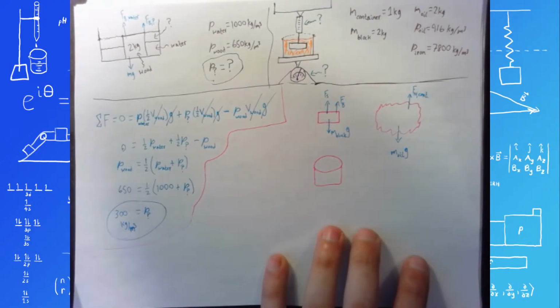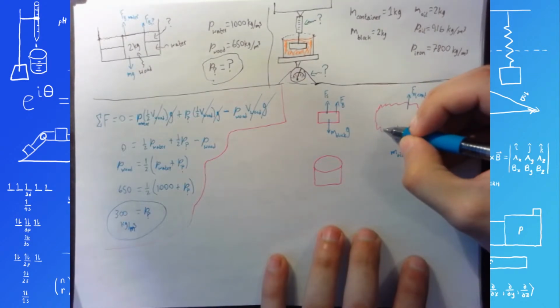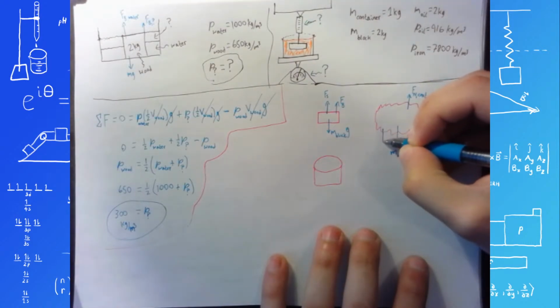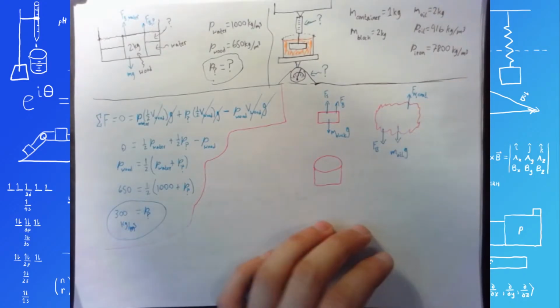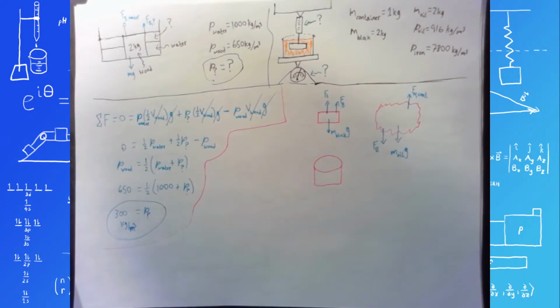And because it exerts a buoyant force up on the block, it must exert an equal amount of force back down on it. So there's the reaction to the buoyant force. And I believe that is it.